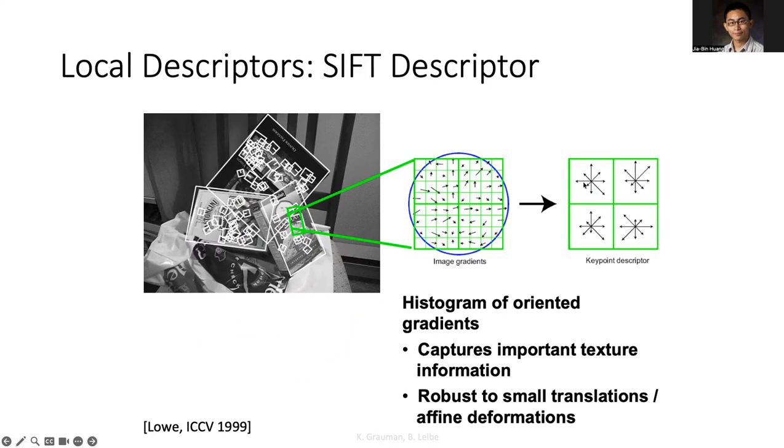So you basically have two things. One is the feature, which describes where it is: the XY location, the scale, and the orientation. And for each feature, you also have a description, using a histogram of oriented gradients, that captures the rough appearance information.